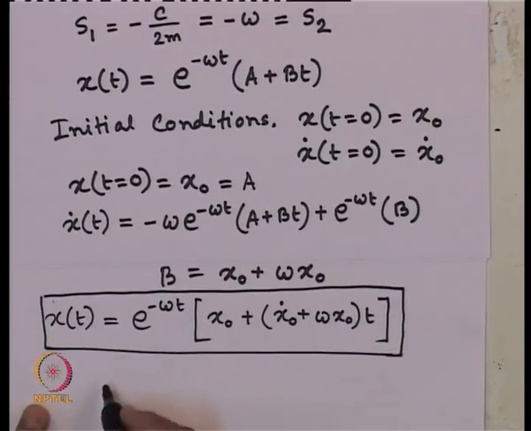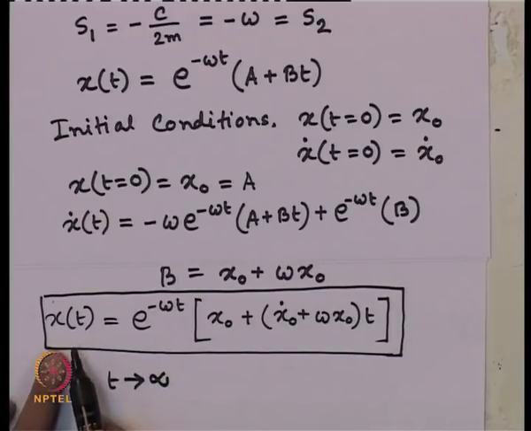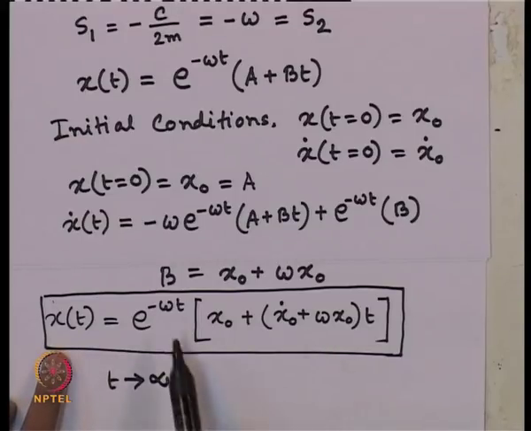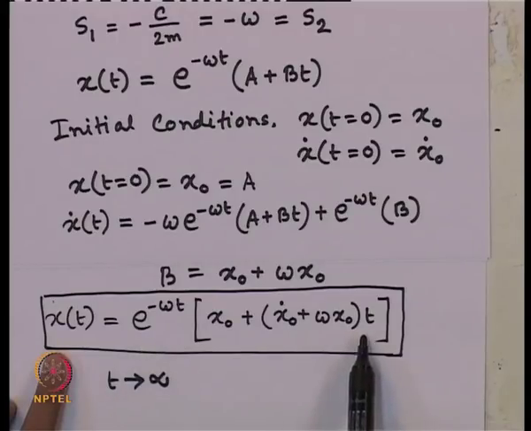Now, if t tends to infinity, what will happen to this function x of t? This exponential has a negative power, which is called decay. So, this is an exponential decay function, and this is a polynomial function increasing with t.